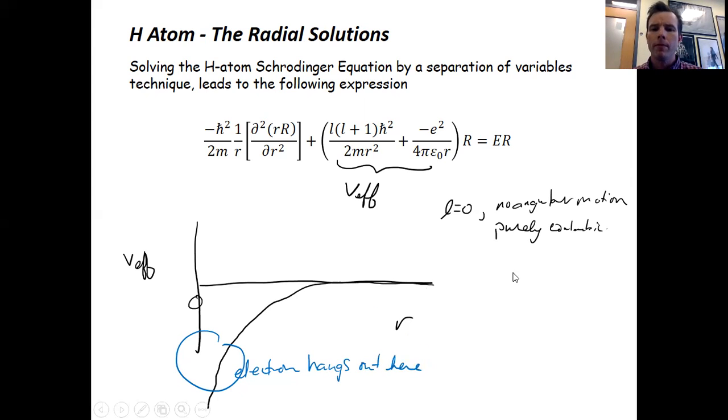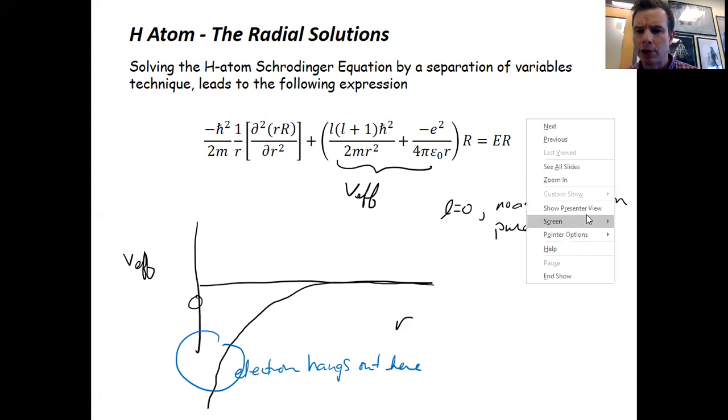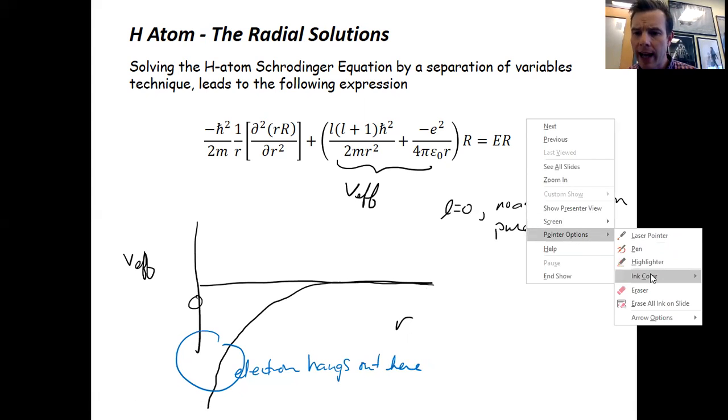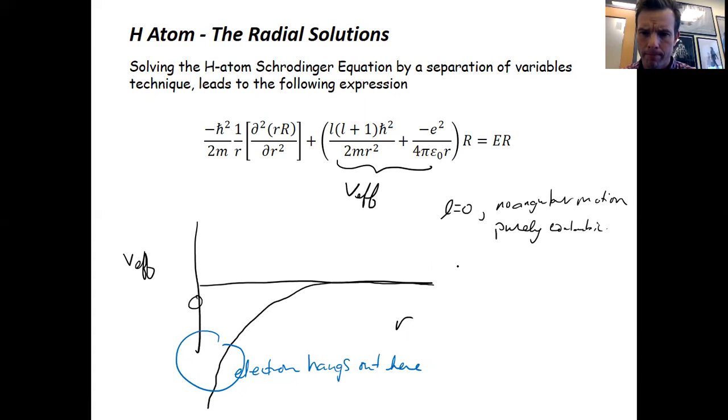Now, the other type of solution we're going to get is when L is not equal to 0. In that case, it's going to have both an angular motion and a Coulombic contribution. And so I need to think about both the Coulombic and what this expression looks like.